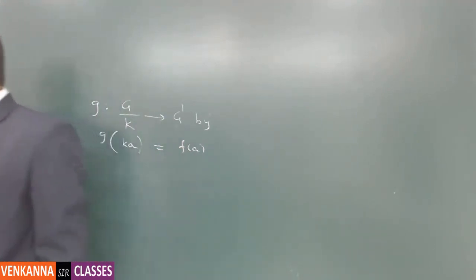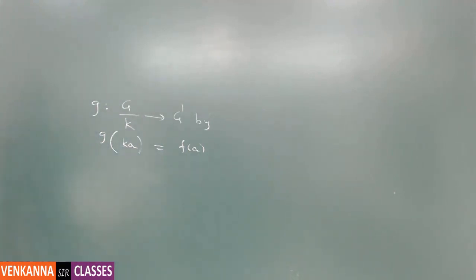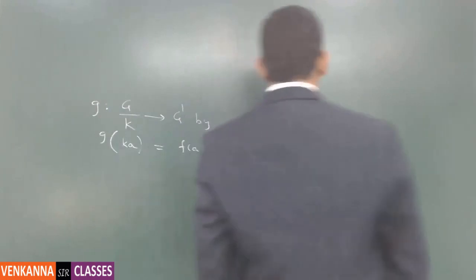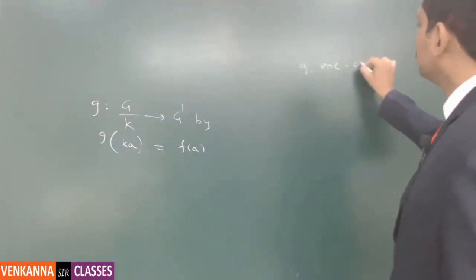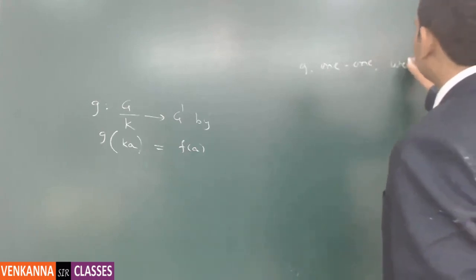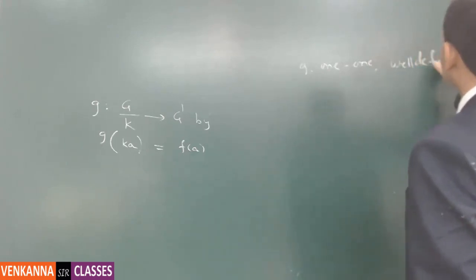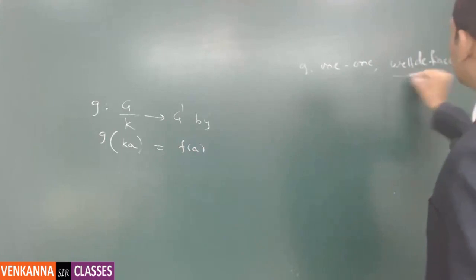Right? Now we prove that this function is one-one, onto and a homomorphism. First, the function is one-one and also well defined. Well defined is nothing but that we can define the function this way.